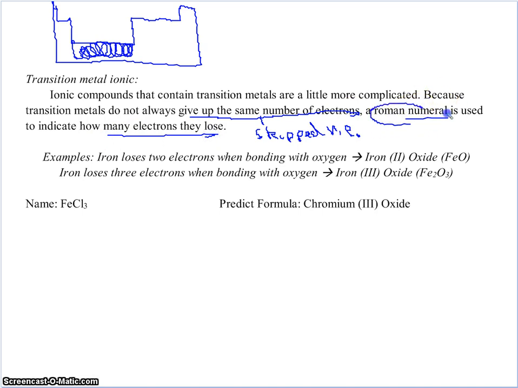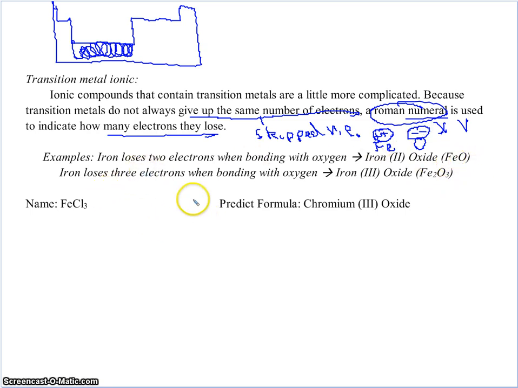A Roman numeral. Oh, so like X for like the Super Bowl and like V and stuff. So for example, iron loses 2 electrons when bonding with oxygen, so we get iron 2 oxide. So this would be Fe with plus plus, oxygen minus minus, so it's just one of each, no subscripts.